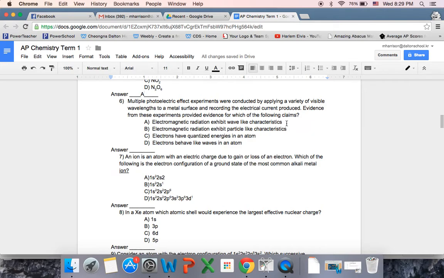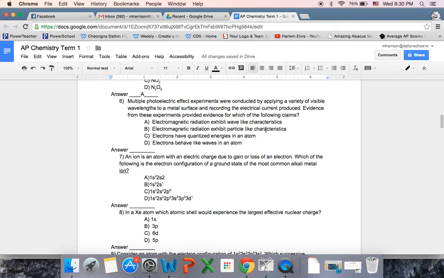Electromagnetic radiation exhibiting wave-like characteristics would be shown by waves diffracting, waves refracting. Electromagnetic radiation exhibits particle-like characteristics. Well, here the electromagnetic radiation is causing electrons to move out of their current space and causing a current to flow. This does suggest a particle-like characteristic.